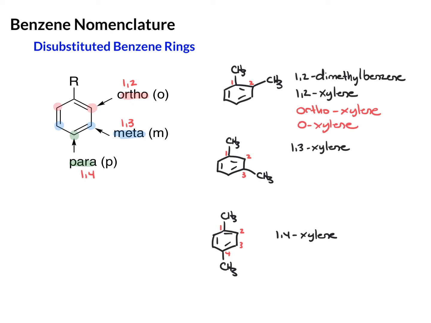Likewise, the next one down could be meta, or m. And then the last one is paraxylene, or p. When using these terms or even the numbers, you separate the terms with a hyphen.